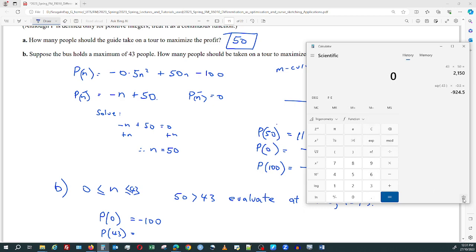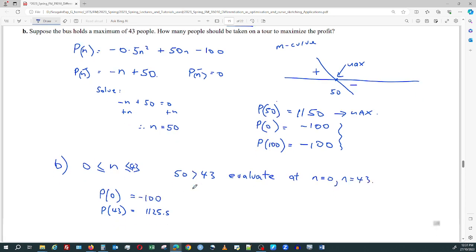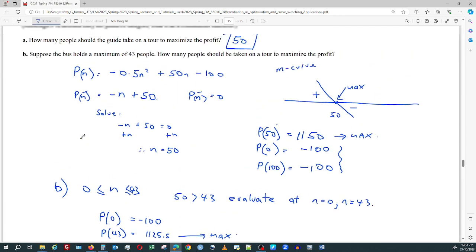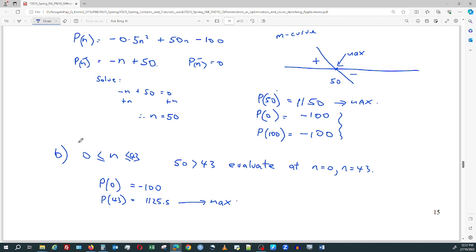So get rid of all that stuff, pull that back, and 43 gives 1125. So although the number is less than what we got at 1150 for 50, we can't use 50 because it's not in the interval. So this one is the max. That's all that means. So we would use that one. So take 43.